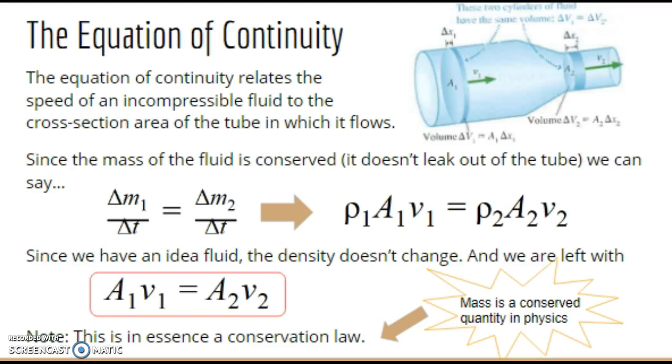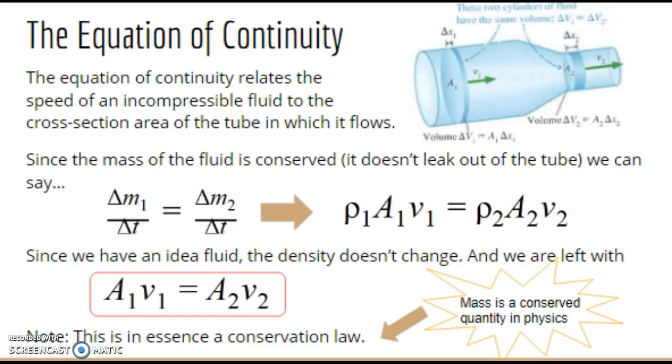If you have some volume of liquid entering the tube here to the left, then we're going to have that same amount of liquid exiting on the right. So those cross-section cylinders there are the same volume. They're different widths because the cross-sectional areas are different, but they're the same amount of volume. And that's where the key here is.